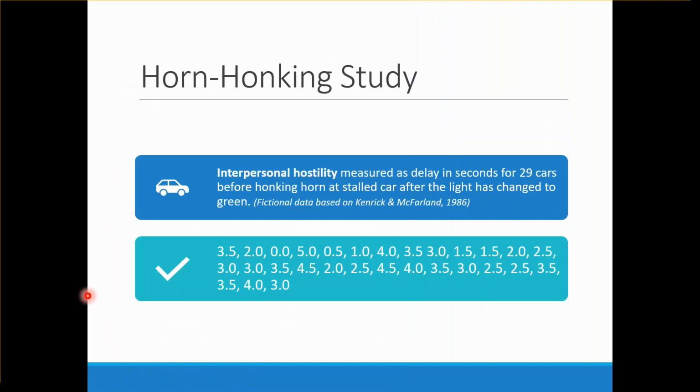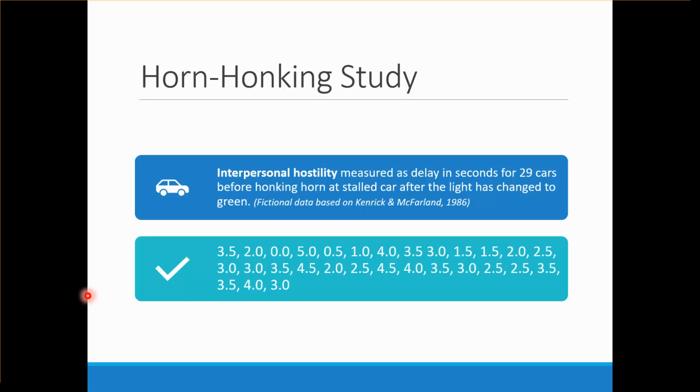Now here's another example. This is a horn honking study. We are going to look at interpersonal hostility measured as a delay in seconds, so the number of seconds it takes for the person who is in the car to honk his horn at a stalled car after the light has changed to green.